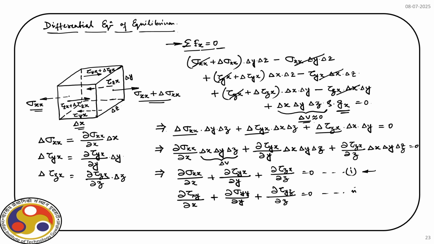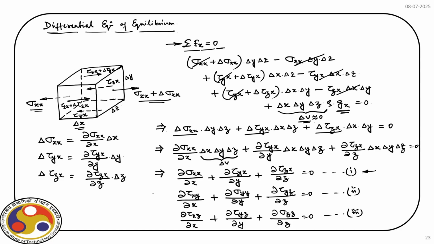That is the second equation, and the last equation, so, we have 3 equations of equilibrium.